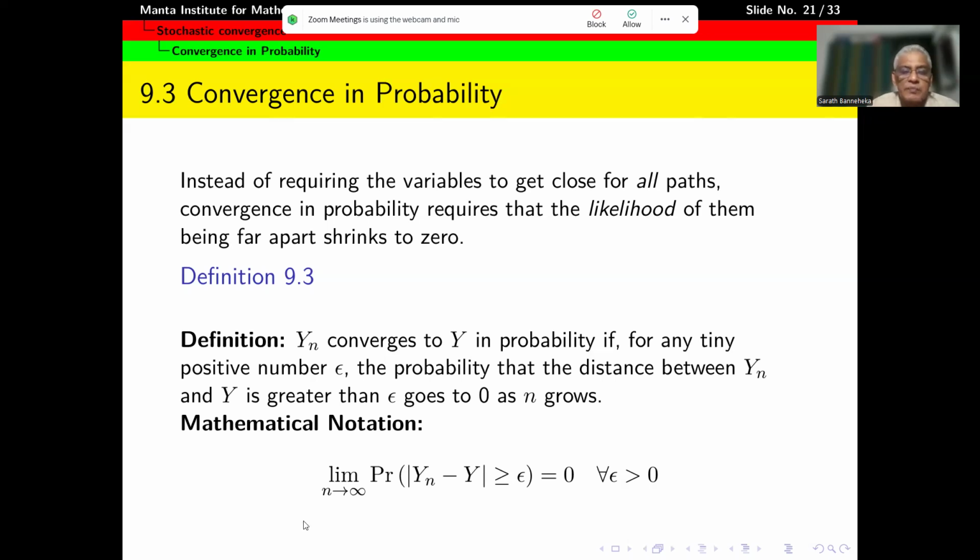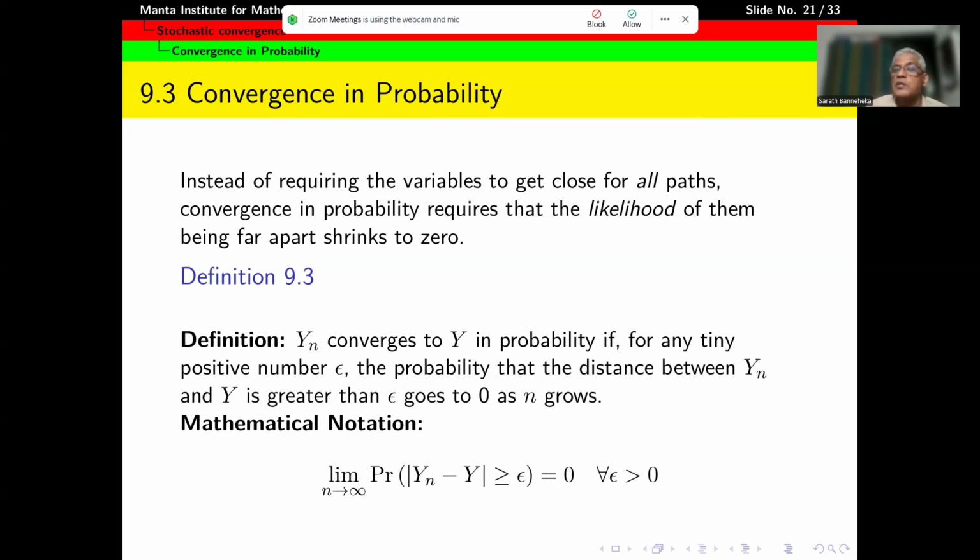Each P_n is a real number between 0 and 1. All are probabilities, but there is a sequence of probabilities now. So if this sequence of probabilities goes to 0 as n goes to infinity, for any epsilon, then we say that Y_n converges to Y in probability.